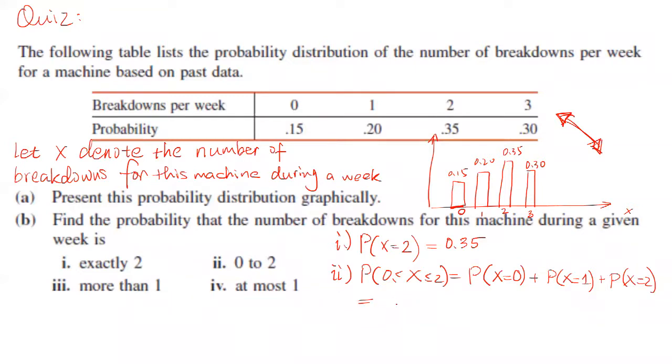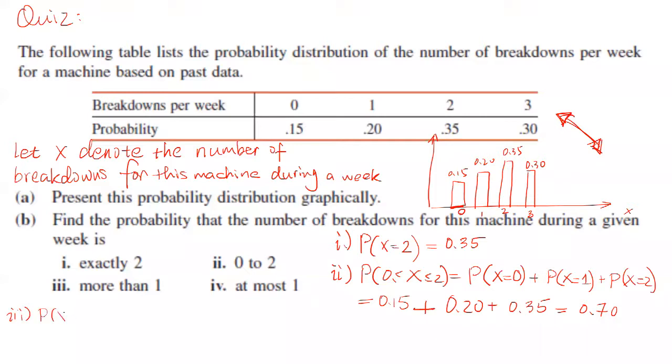X being 0 is 0.15, X being 1 is 0.20, and X being 2 is 0.35. The sum is 0.70.